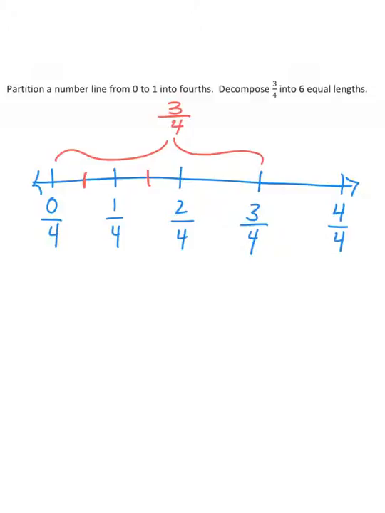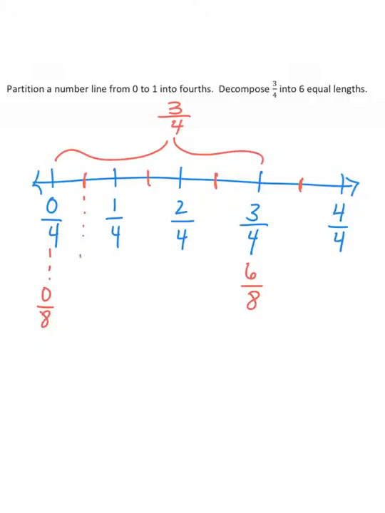Here, here, and here. So that basically shows 1, 2, 3, 4, 5, 6, 7, 8. So 6 equal lengths is 1, 2, 3, 4, 5, 6. So 3/4 is becoming 6/8. Where we started here becomes 0/8.